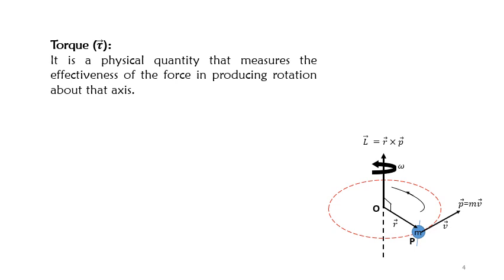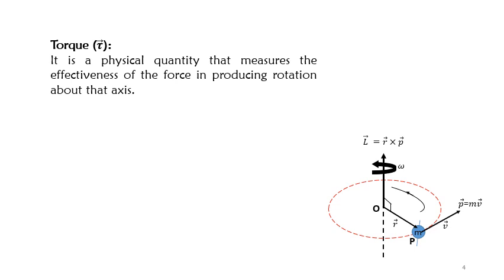So how effective is the force in causing the body to rotate? That's torque. And that means the effectiveness of the force relies on the angle at which that force is acting on the body. Very important. The effectiveness depends on the angle. So torque is a function of the angle at which the force is acting on the body.